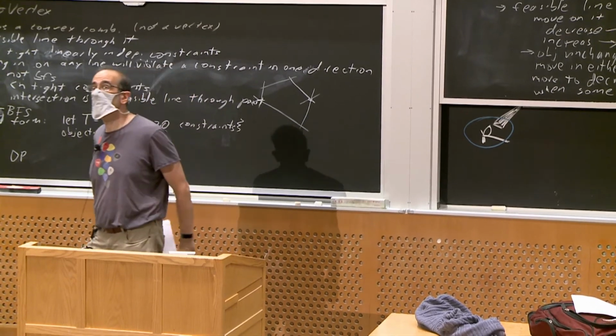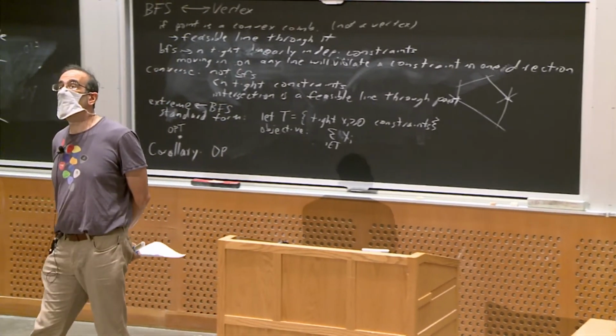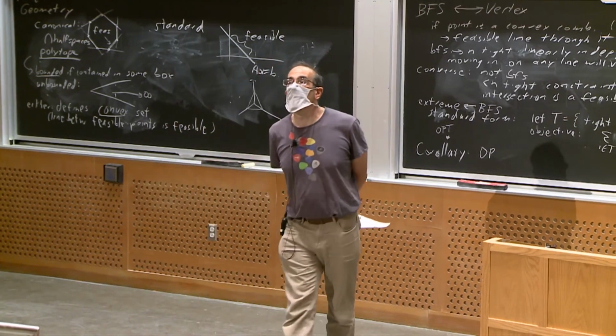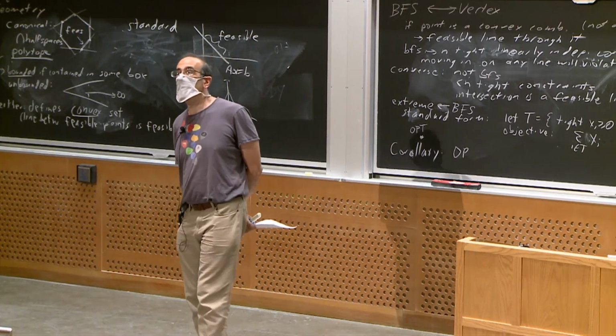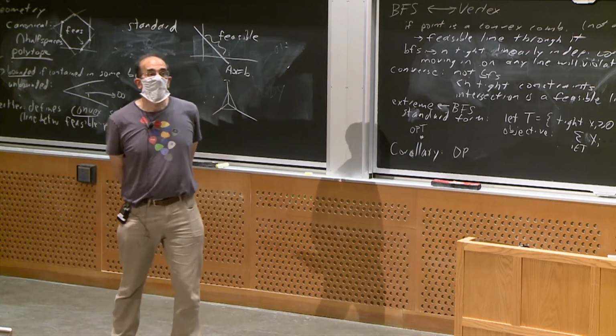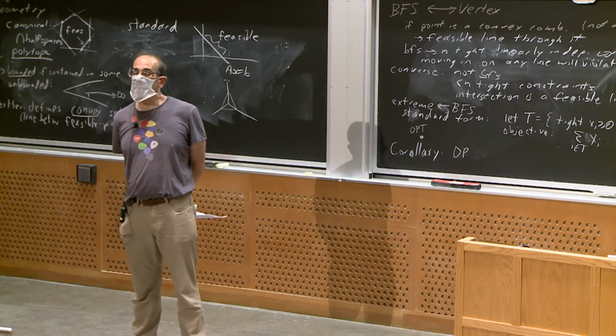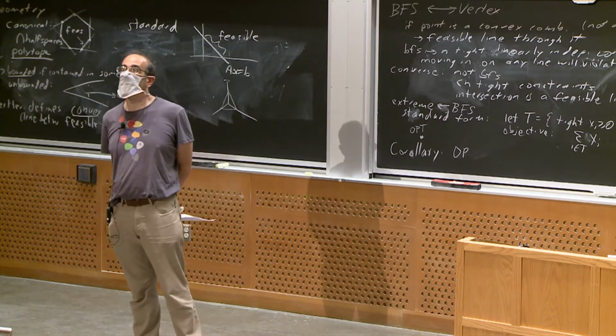So let's say that you're at an optimum, which means that moving in any direction won't change your objective function. But doesn't that mean that literally everywhere it's the exact same value for the objective function? Well, not everywhere, but everywhere that is the intersection of your current tight constraints.